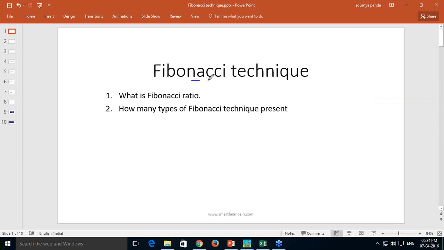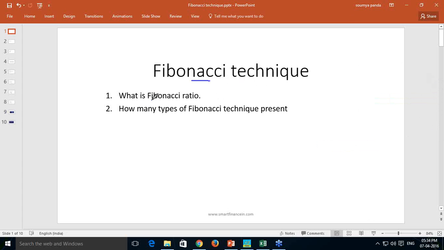One is Fibonacci, second is Elliott, third is the W.D. Gann principle. Besides these three principles, no other principle is available in the technical study which gives you a clear picture of what the majority of the traders are thinking at a particular time. That is why this technique is very important.